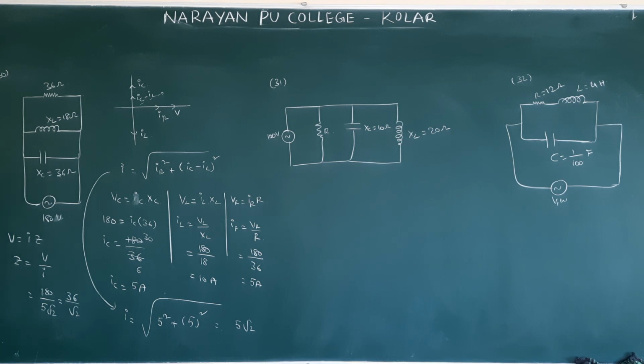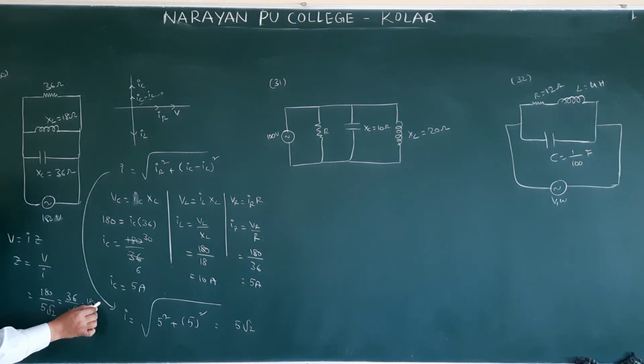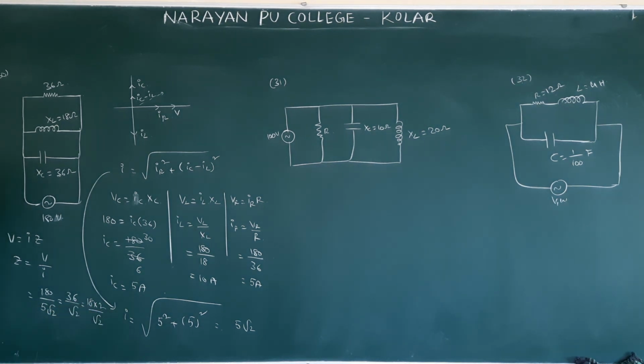They didn't give 36 by root 2 in the options. They changed the values. This 36 can be written as 18 into 2 by root 2. 2 can be written as root 2 into root 2. So the final answer is 18 root 2, option 3, 18 root 2 ohms. That is the final answer. That is simple, but you should do the calculation carefully.